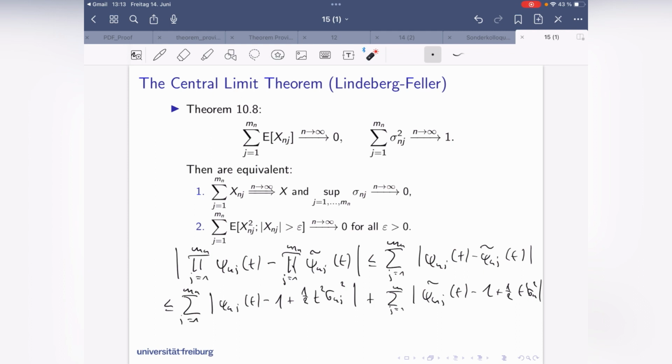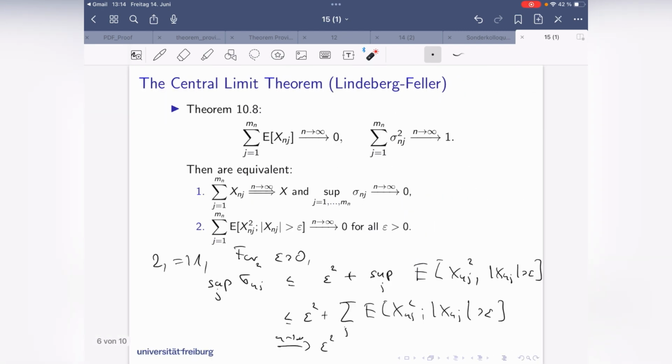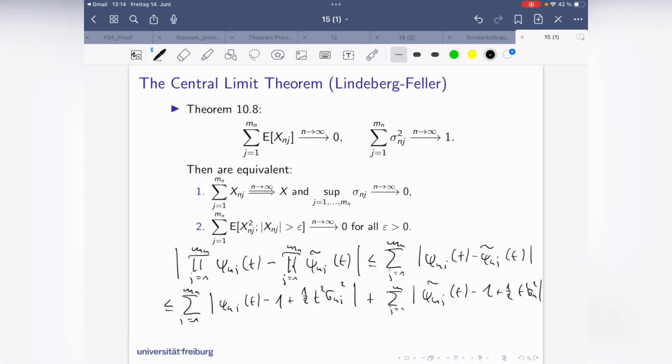And now, what's written here is an expectation of e to the i t x. And I'm subtracting the second-order term in the Taylor series approximation. And it's exactly something like this here, with an expectation in front, and I can bound it like this. So basically what it is, t to the power of 2 minimum t to the power of 3, up to some constant, which doesn't interest me too much, because I only want to show convergence to 0.